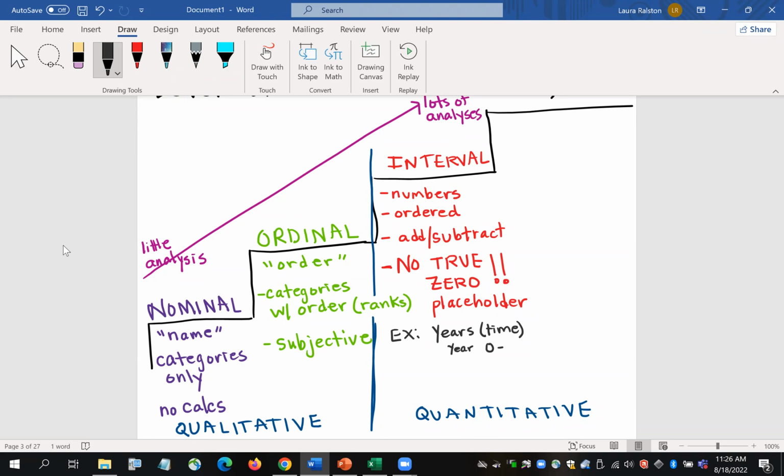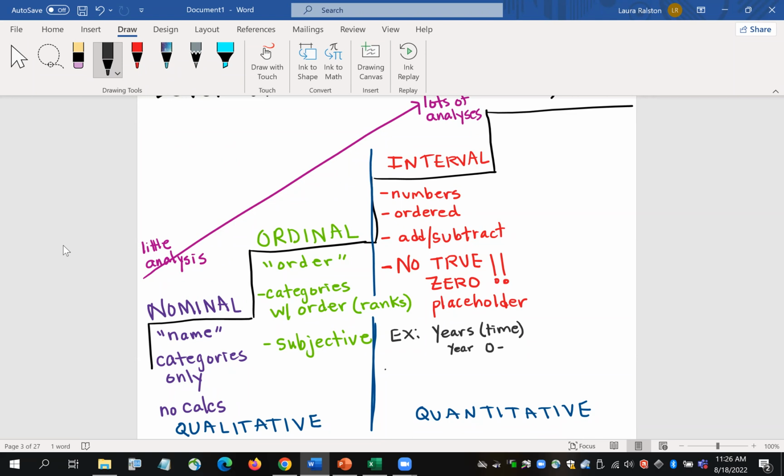But to say that there was a year 0 does not in any way imply there was no year. It is simply the point or the place where we began counting or marking off the measurements.